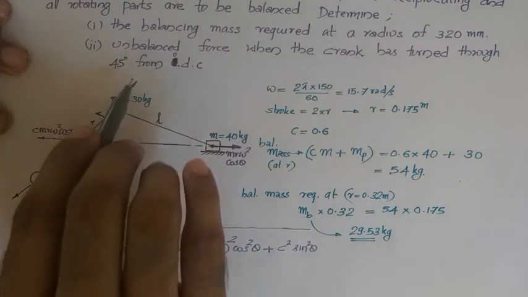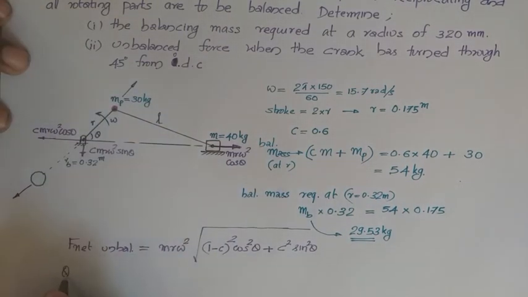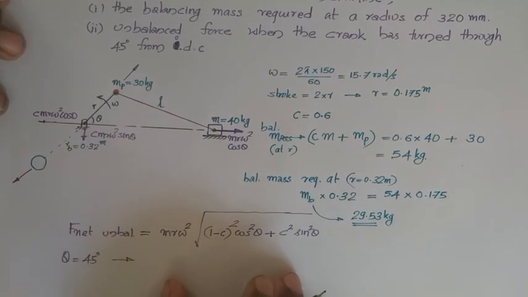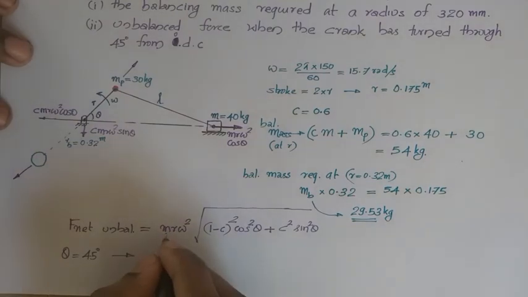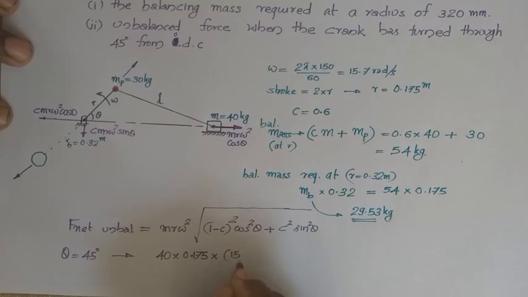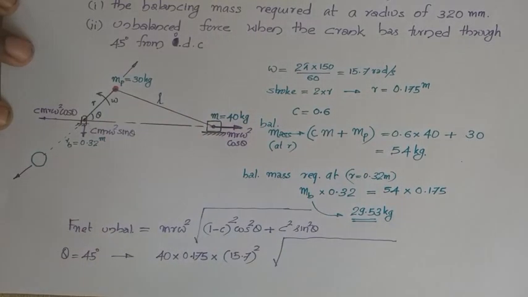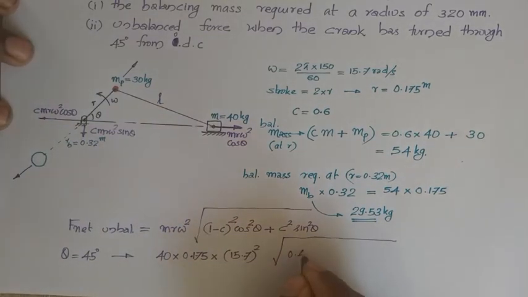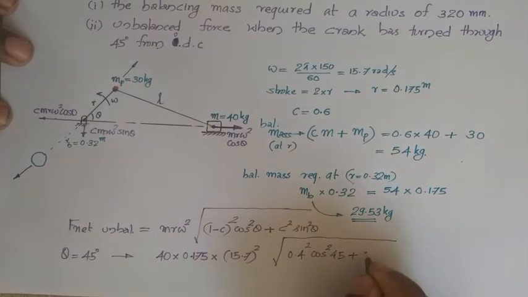And here it is to be evaluated at theta equal to 45 degrees. Substituting theta equal to 45 degrees and all other values, here M is the mass of reciprocating parts, 40 kilogram, into crank radius 0.175 meter, into omega 15.7 radians per second the whole square, into the square root of C value 0.6, 1 minus 0.6, 0.4 square into cos square 45 plus C square, which is 0.6 square into sine square 45.